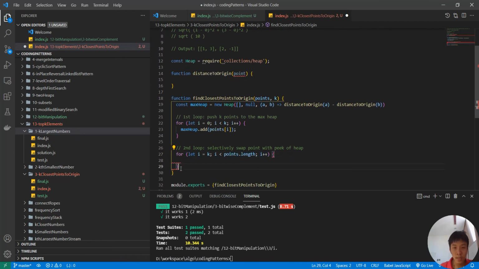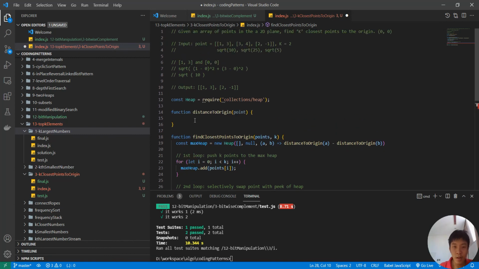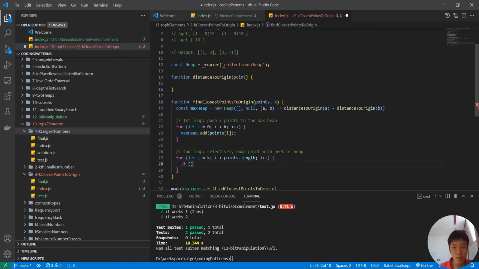For each iteration of the second loop, we want to make a swap only if the current point is a better choice than the point with the largest distance in the heap, right? So we want the heap to contain the smallest distances.